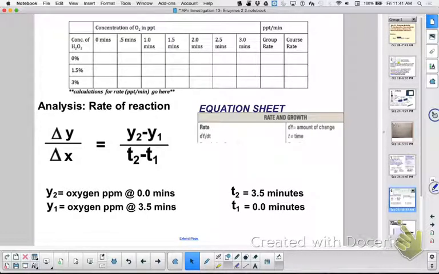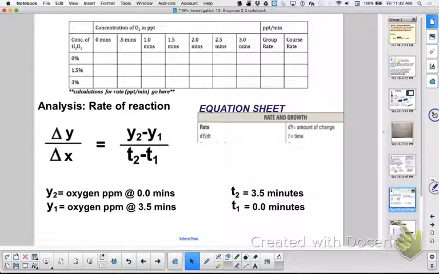So let's say I'm doing my 3% solution, right? And I'm doing my 0%, which, right, is just water. Let's say when I do the water, let's say I get the rate of oxygen production. Let's say I get 1.7 parts per trillion per minute. Okay? That would then become my expected value in my null hypothesis, right?